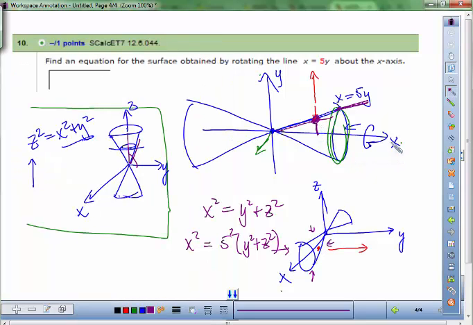let's say when x is equal to 4, your y value is going to equal... x equals 4. No, I want to do something else. x equals 10. That's a nicer number, right? y is equal to 2.